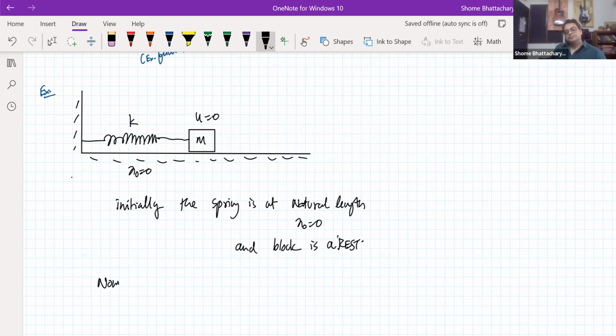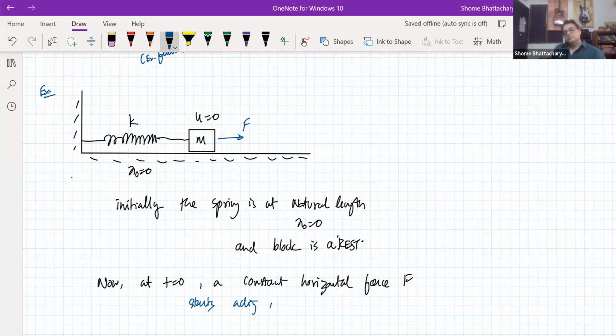Now, at t equal to 0, a constant horizontal force F starts acting on the block. Assume that this is a smooth surface. So this is the initial state of the spring when a constant horizontal force starts acting.